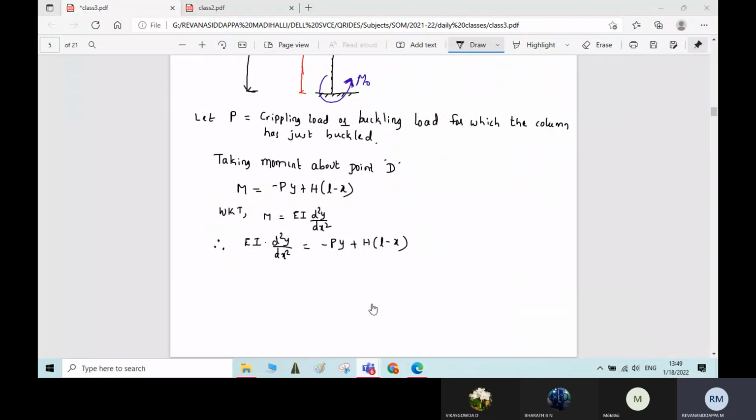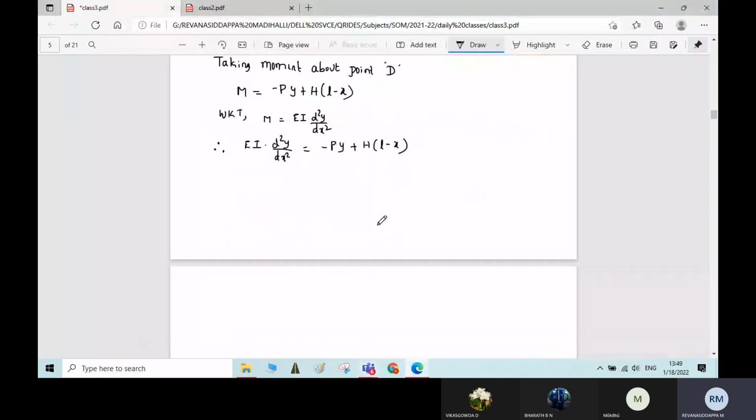Now, what next, students? After this, you need to segregate the y terms on one side of the equation. I will take this py term to the LHS. So I will get EI into d square y by dx square plus p into y is equal to h into L minus x.